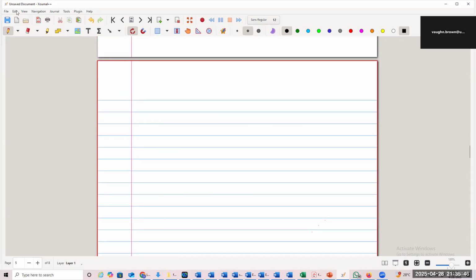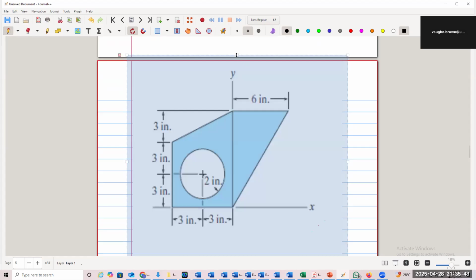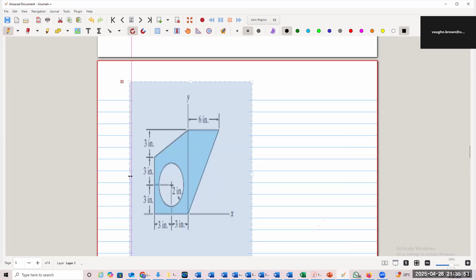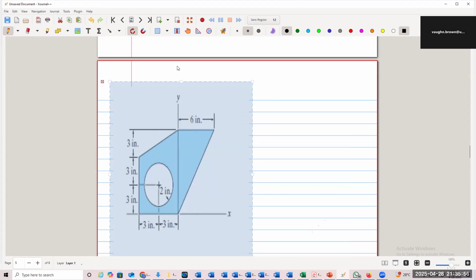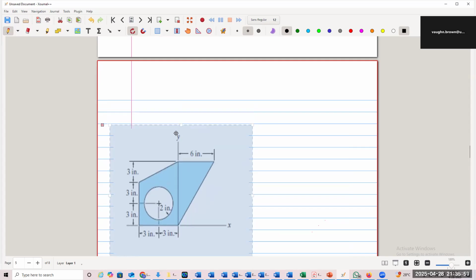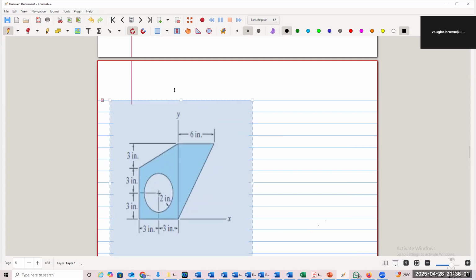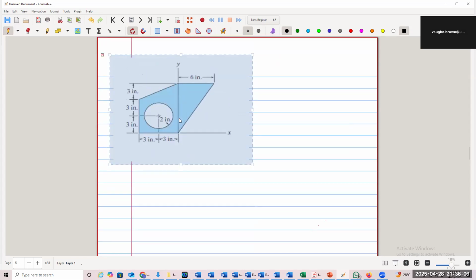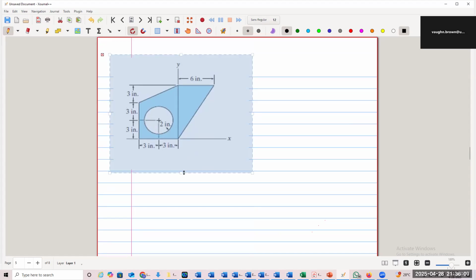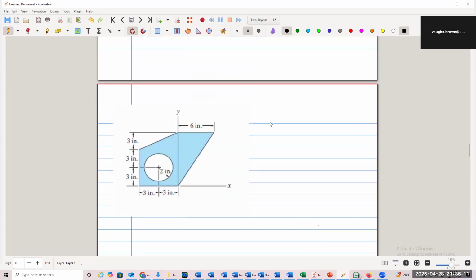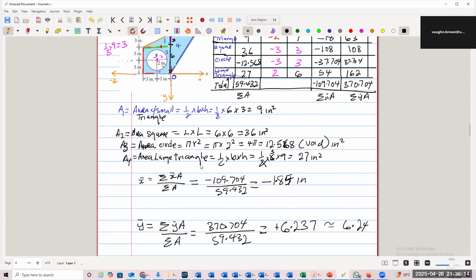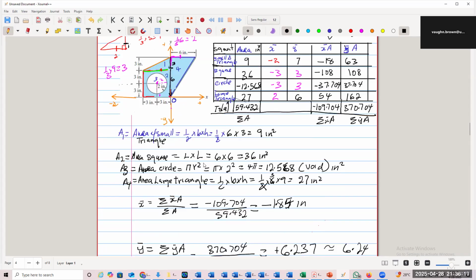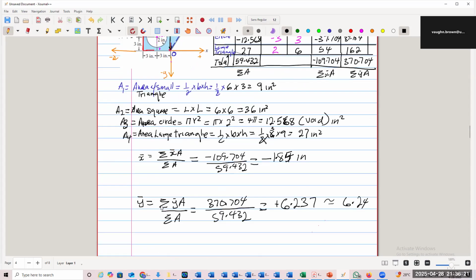So I'm going to drop him right here. I'll do it that way, it'll give me too much problem. We have this, a little bit crowded here. Anyway, these figures here are important to us.